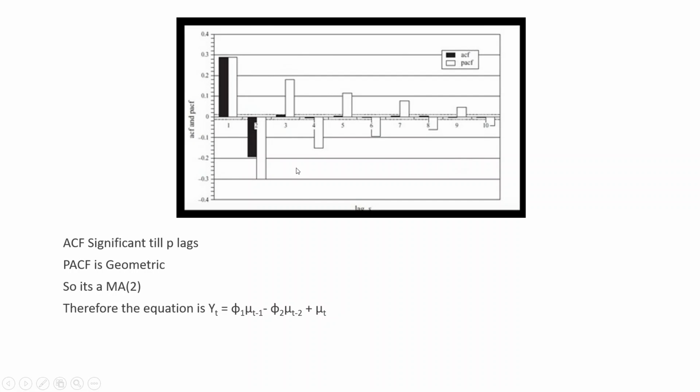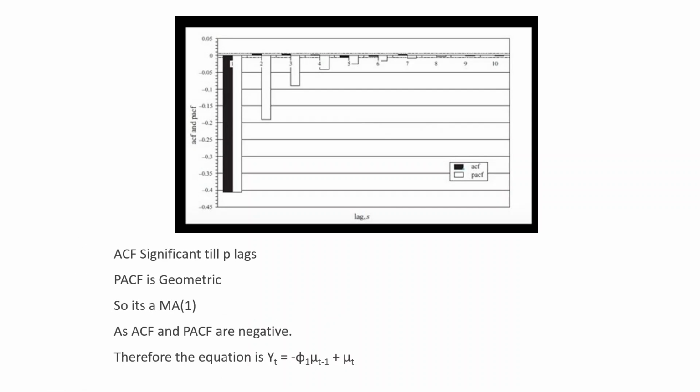Now let us see, there are two significant lags, 1 and 2, and there is a geometry in PACF. A clear-cut case of MA2. Now, in the previous case, the ACF and PACF were negative, and therefore my Yt is equal to phi1 ut minus 1 plus ut.